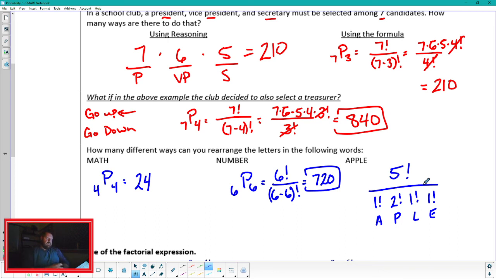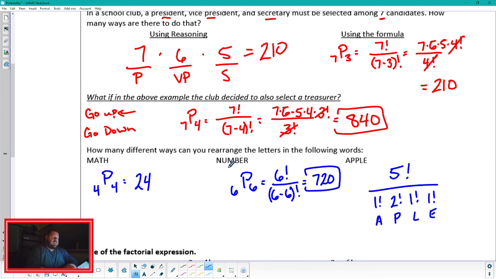If we're going to get Apple, then if we go through our entire list, we're going to get Apple again, but where the 2 P's have switched positions. And the problem is we can't tell the difference between those, so they're not really different permutations. They're not different arrangements. And we would do this for every one of these.